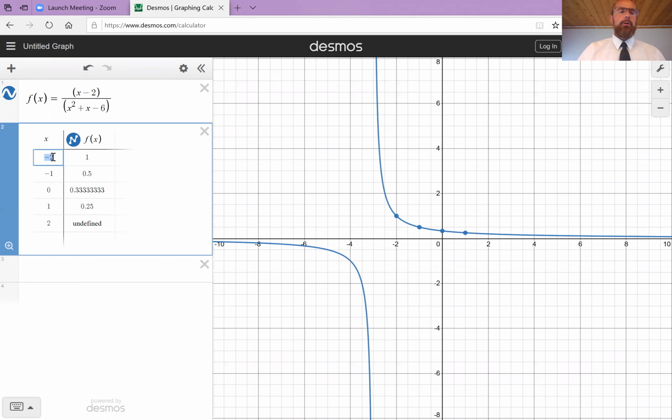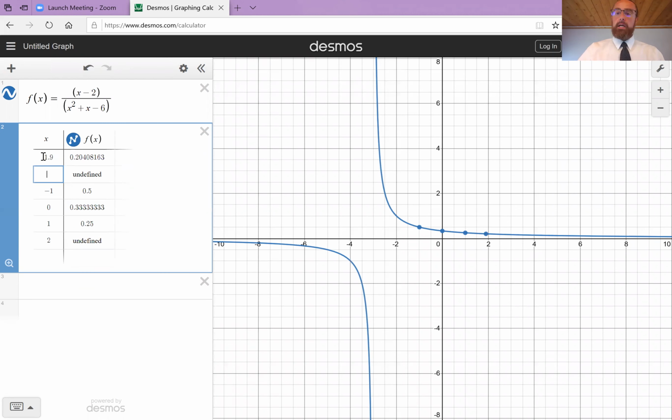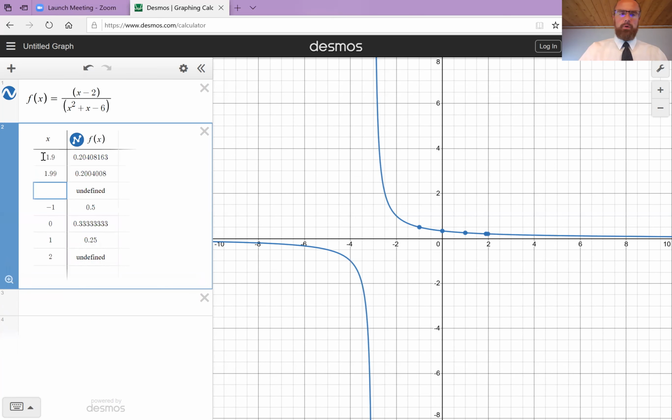I'm going to start with 1.9, and then I'm going to hit enter and type in the other values we had put in our horizontal table. So 1.99, and then 1.999.